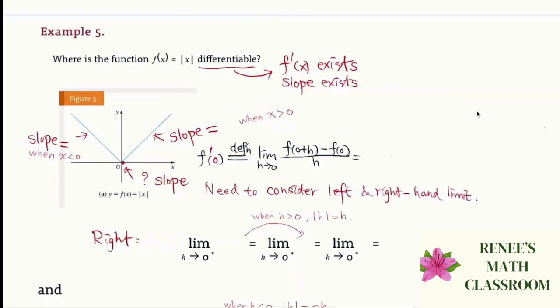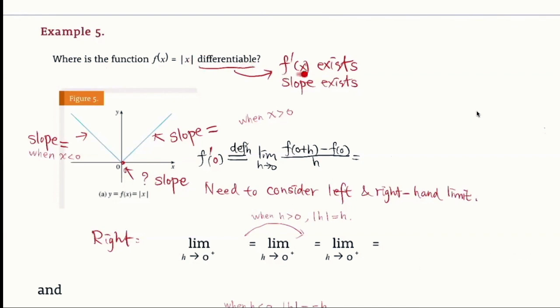Example 5. Where is the function f of x equal to the absolute value of x differentiable? To be differentiable means the derivative exists, or the slope of the tangent exists, right? So let's graph this absolute value function. Remember, it is the V shape. At the left side of 0, the slope of the tangent, or the slope of the graph, is equal to negative 1.